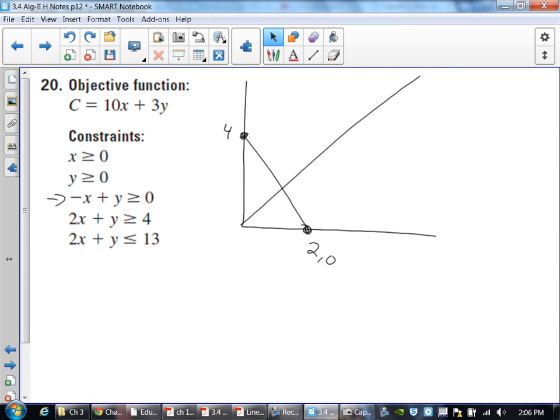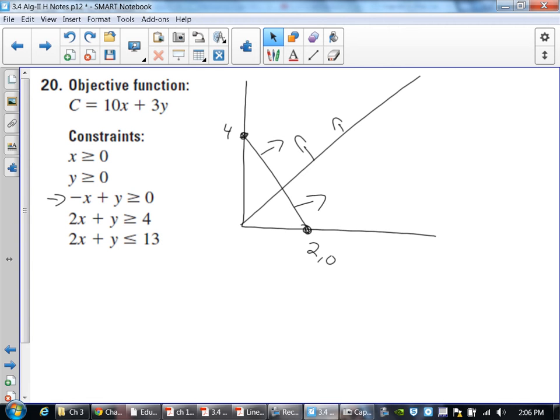So this point here, (2, 0), I know that this is going to be going outward. Is negative 2 plus 0 greater than 0? This one is false down here, so it's got to be up here.